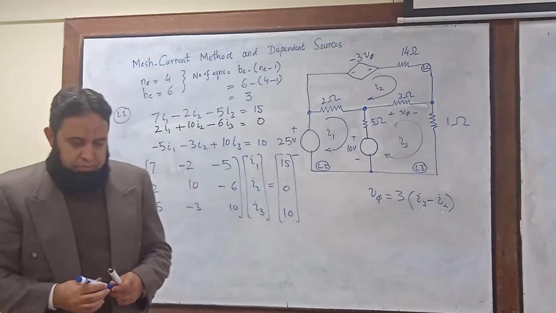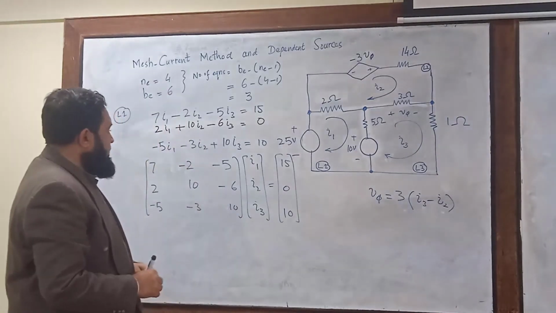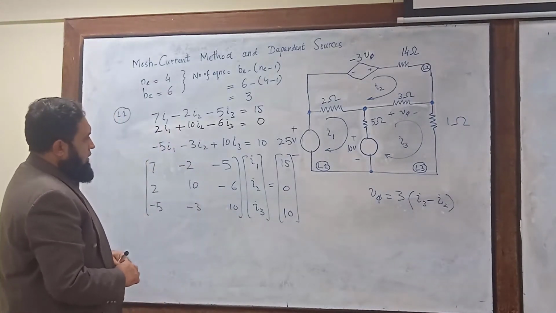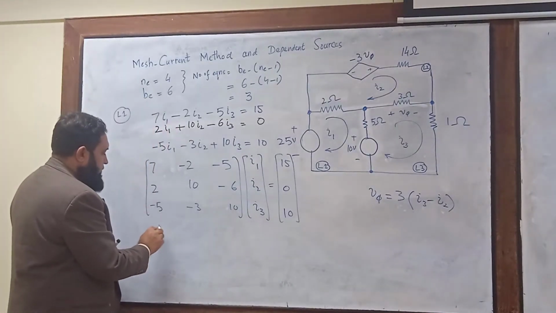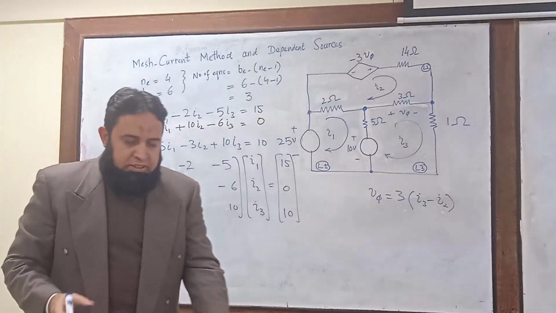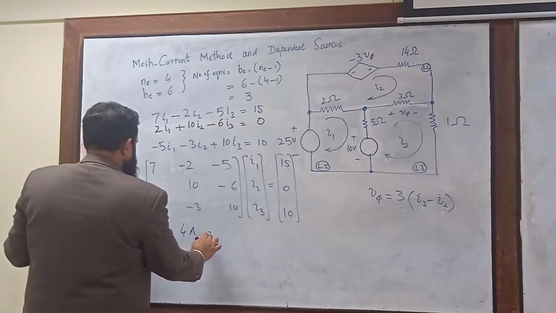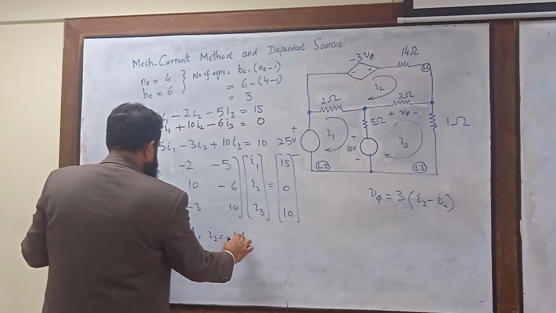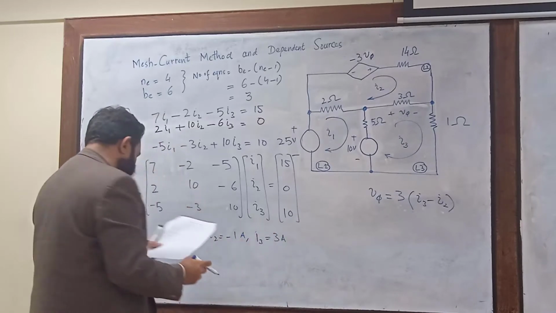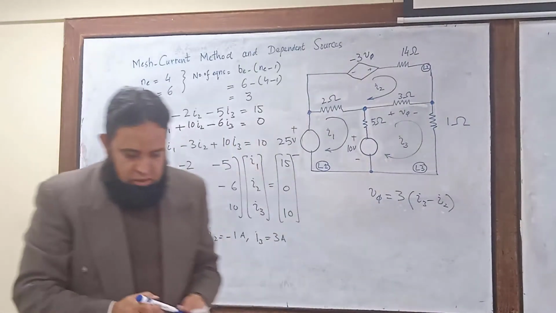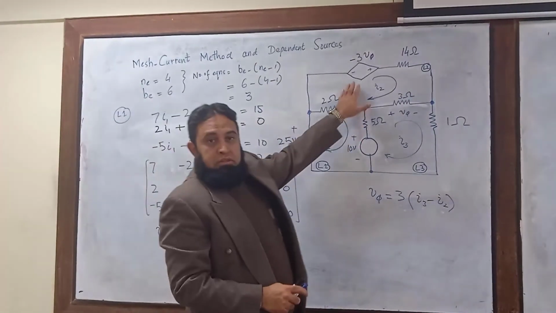After solving this expression for currents I1, I2 and I3, you can just verify by yourself: I1 is equal to 4 ampere, I2 is equal to minus 1 ampere, and I3 is equal to 3 ampere.